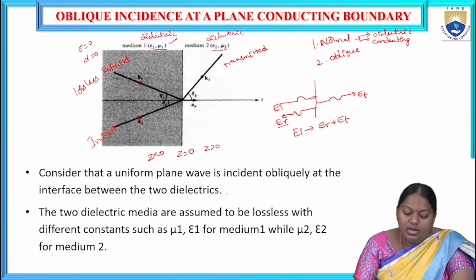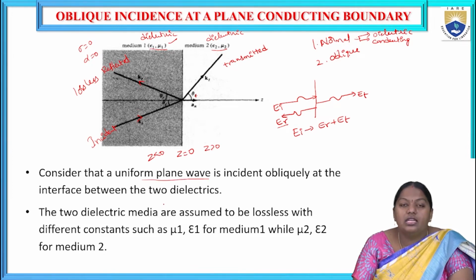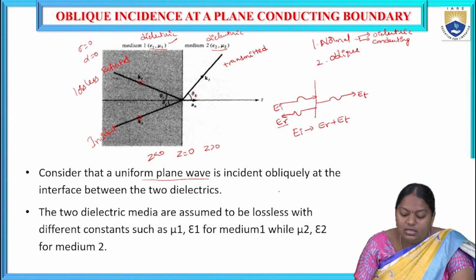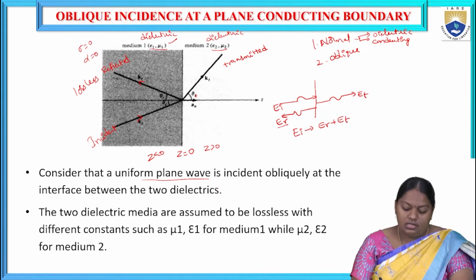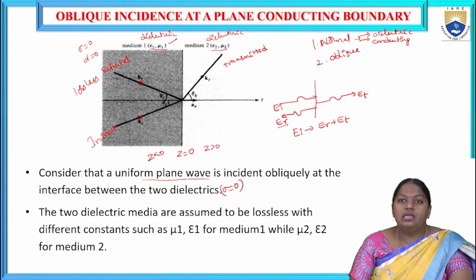to the next medium. Consider that a uniform plane wave, nothing but an electromagnetic wave, is incident obliquely at the interface between two dielectrics. As we know, for a dielectric medium, sigma equals 0.